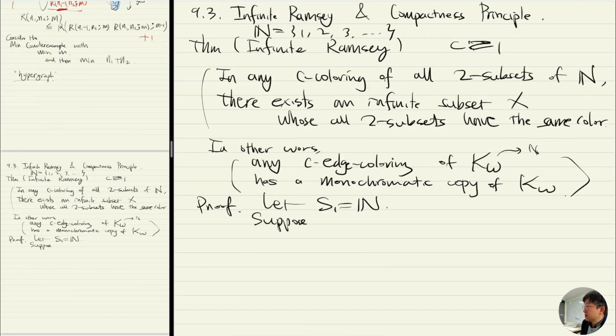Suppose Si is given, so we're going to build Si plus 1. Now, let's pick some vertex in Si.